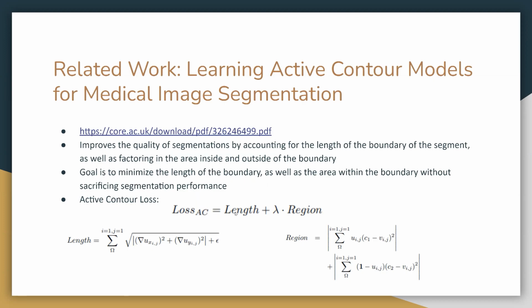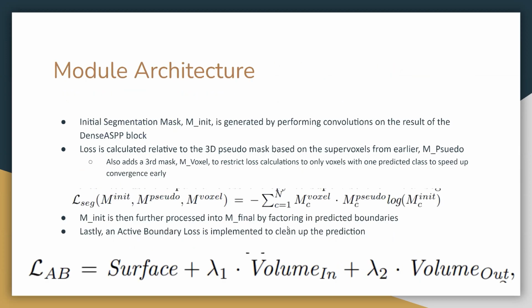So here they're given some loss function for active contour loss, which is 2D. It's the total length of the image plus the region within the segmentation, scaled by some parameter.